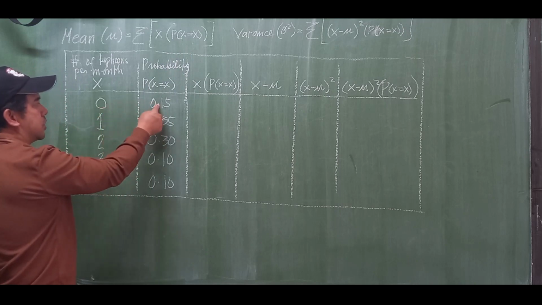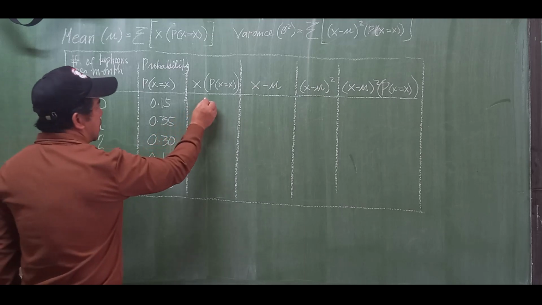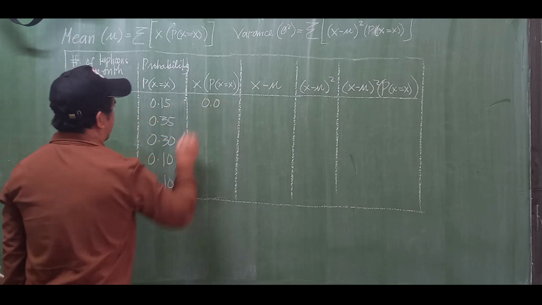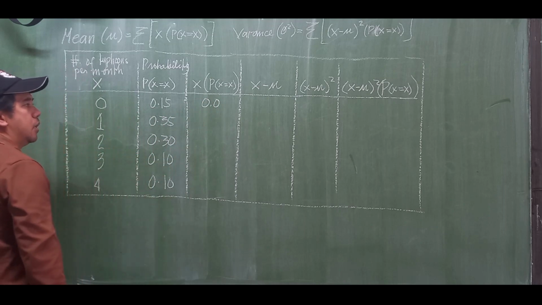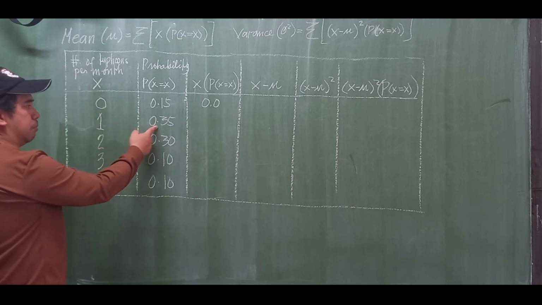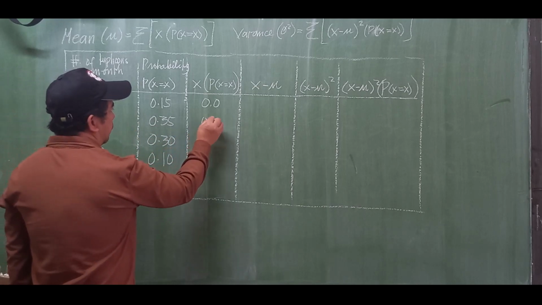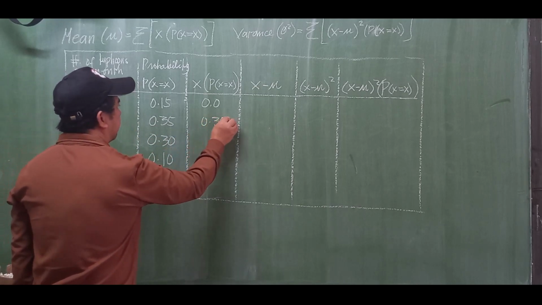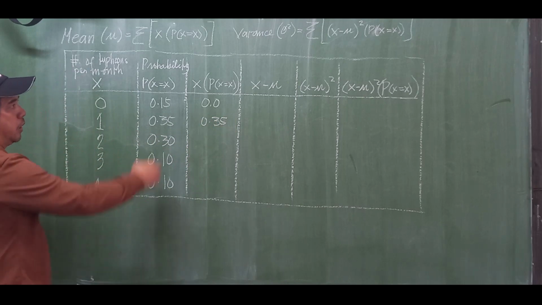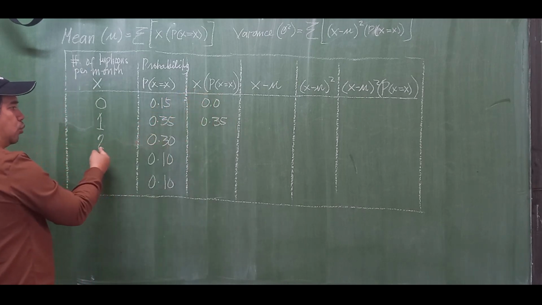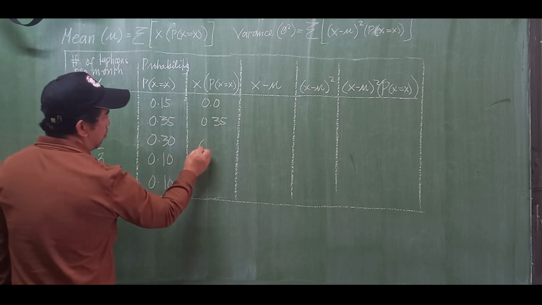So when we multiply these, 0 multiplied by 0.15 is 0.0. Okay? What about this one? 1 multiplied by 0.35 is 0.35. Again, 0.30 multiplied by 2, of course, will give you 0.60.